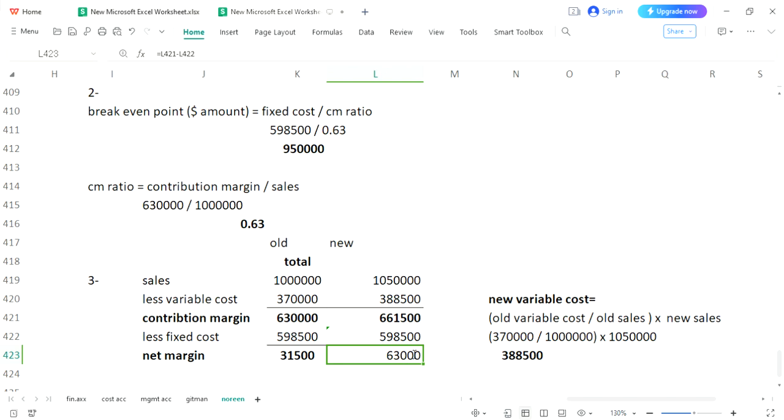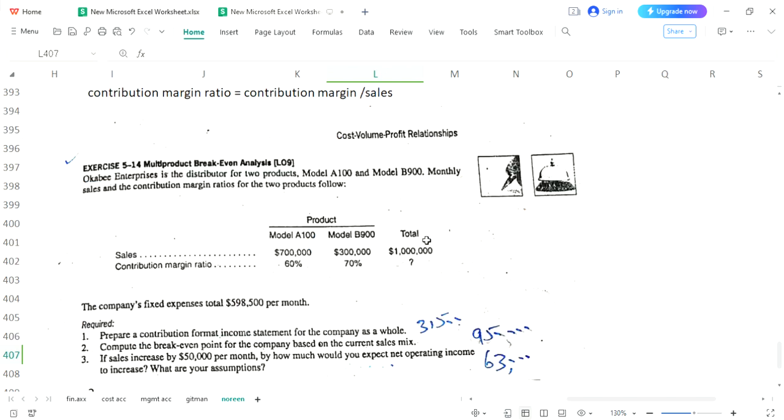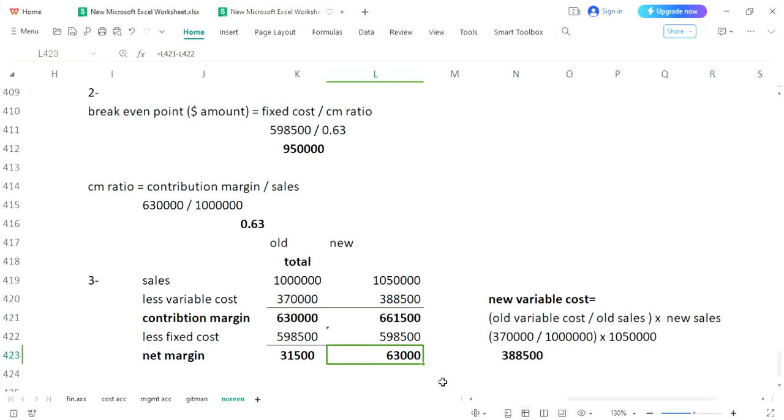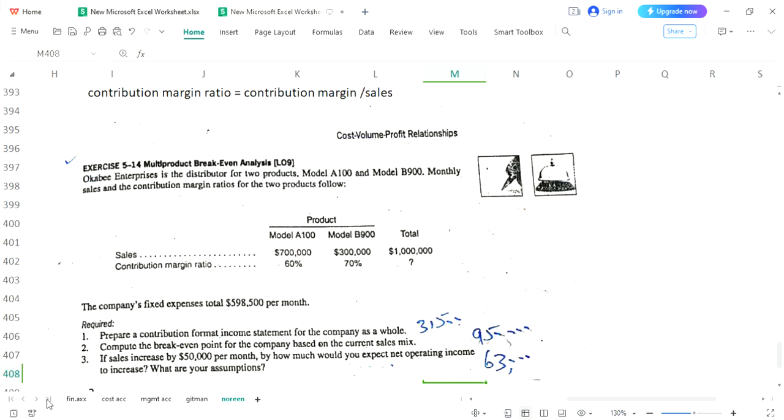So here you have calculated your new contribution margin and net margin, and you can see third part, by increasing your sale by 50,000, your net margin had gone from 31,500 to 63,000, and we have calculated 63,000 as well. So this way our third requirement is completed, and the third was the last requirement as well.